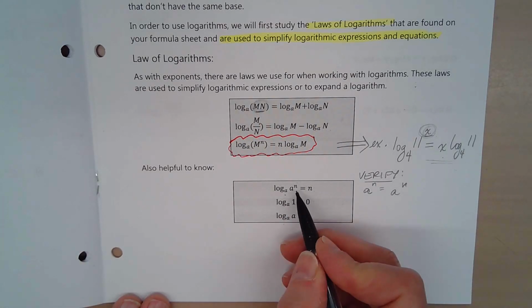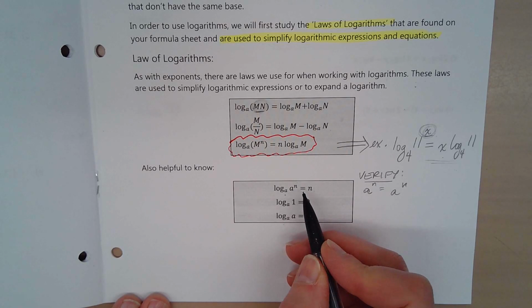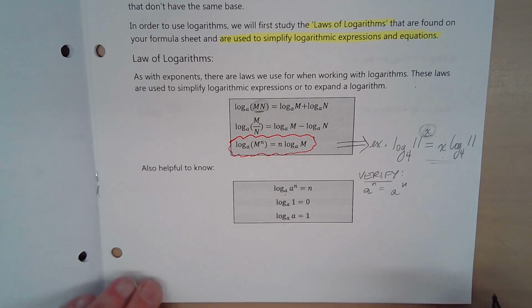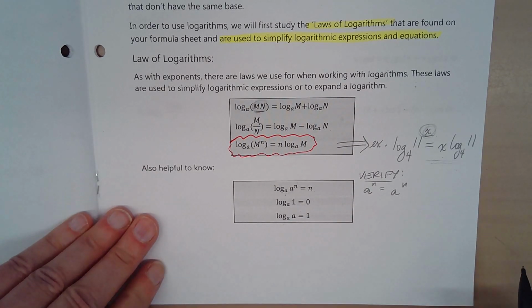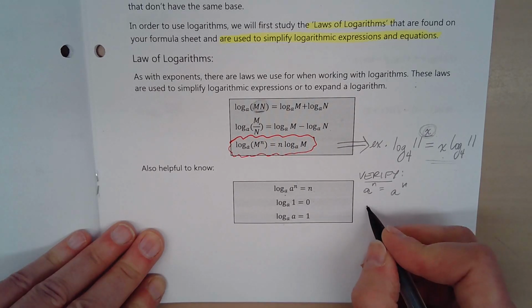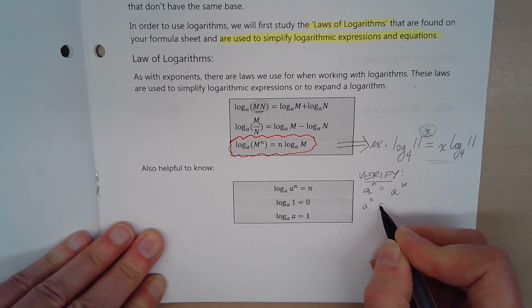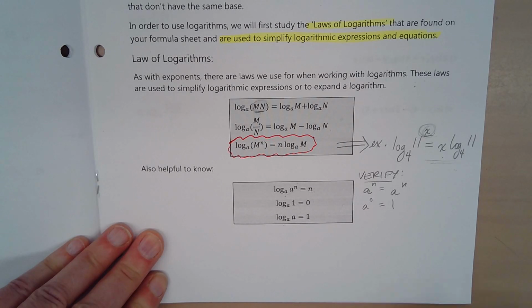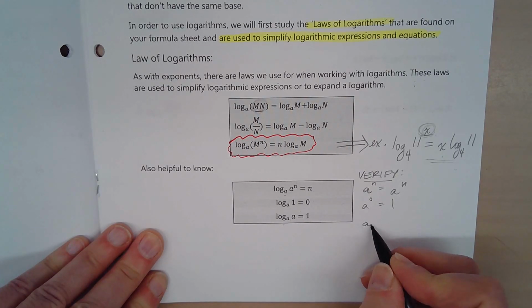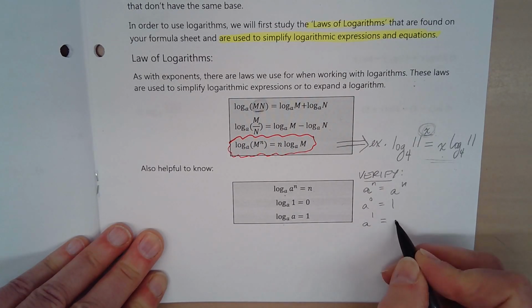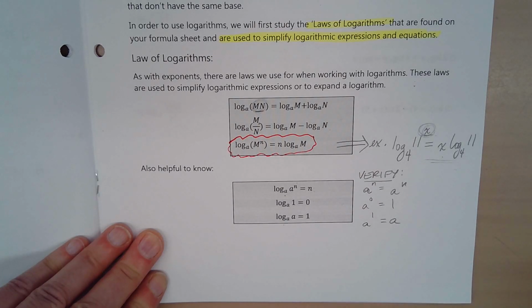So if the argument itself has an exponent, and the base agrees, your answer will just be whatever the exponent is, right? Base to the exponent 1 has to equal the argument, right? That's all that means.